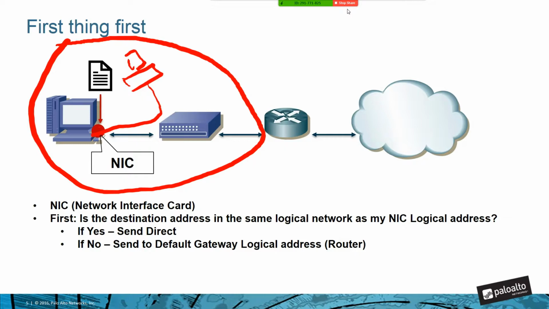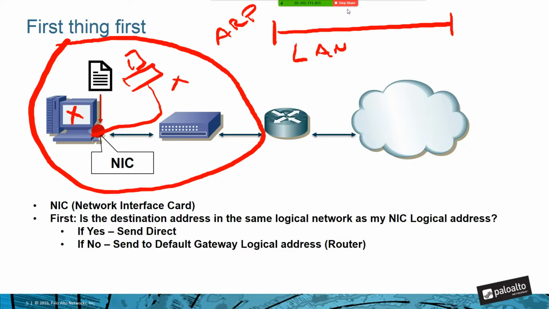If your computer right here doesn't know the MAC address, or the physical address, of that particular computer, even though it realizes it is in the same network, it will use a protocol called ARP, Address Resolution Protocol. So think, for instance, that this is the local area network, the network that represents this switch right here, this computer and this computer. And you happen to be sitting here, and there are a lot of other people sitting right next to you.